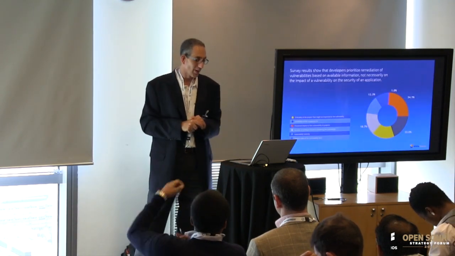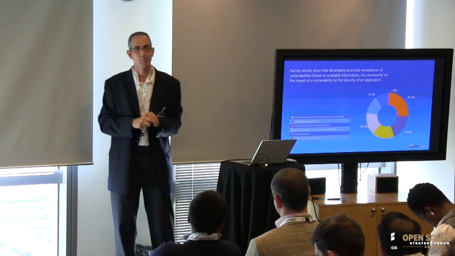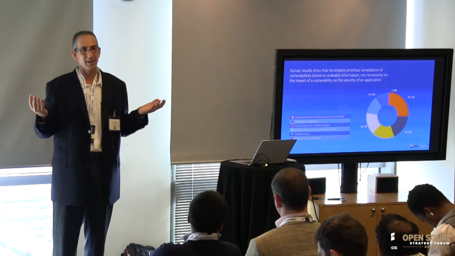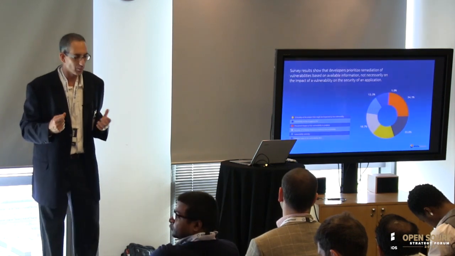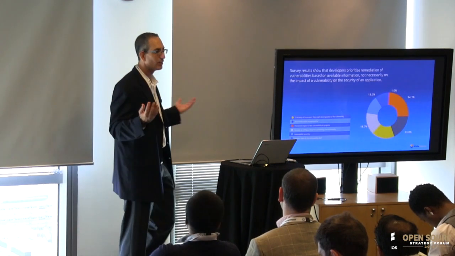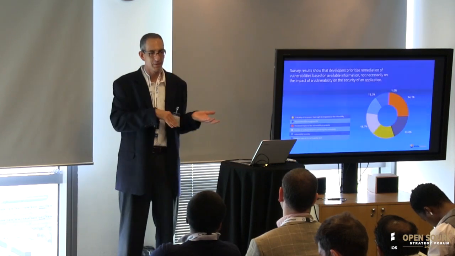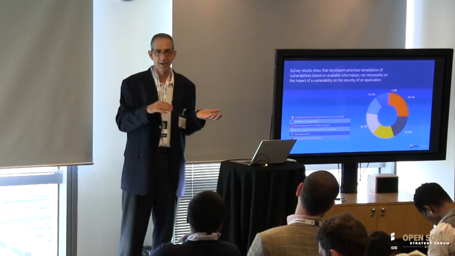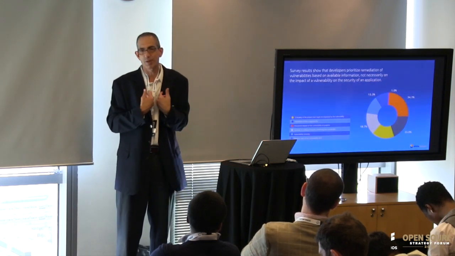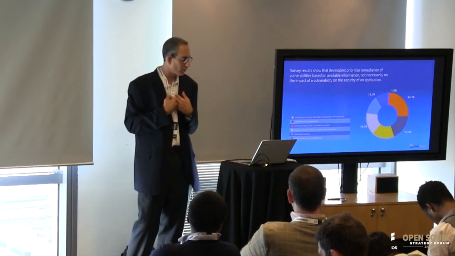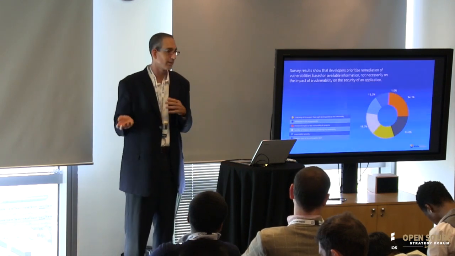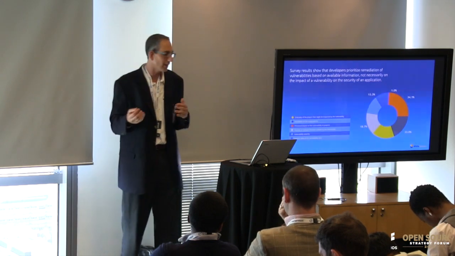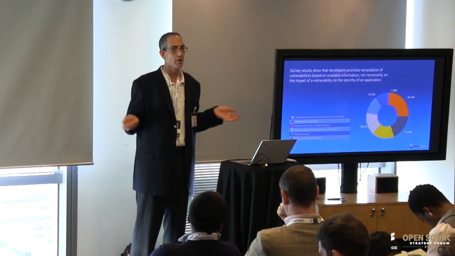And then we asked the same developers, how do you prioritize handling of security vulnerabilities in open source? Again, no clear answer. Some said by the business impact, some said by the severity of the vulnerability, some said by my personal knowledge of the vulnerability, or whether there's a fix or not, and I would take the ones with a fix first because it's easier, but there was no clear process.